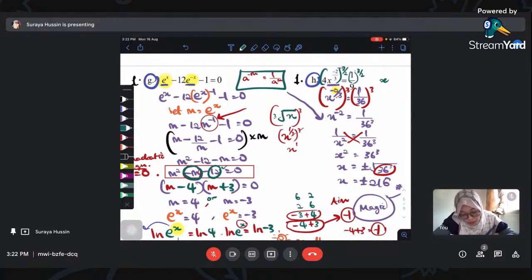Tak recommend langsung buat begini sebab kamu akan dapat, at the end of it, kamu akan dapat satu je jawapan. So kalau dapat satu je jawapan means you hilang markah lah. So tak recommend, kena buat step by step, selesaikan, hilangkan dulu 3 ni. Hilangkan dulu 3 ni baru senang. Oh, aku tahu at the end aku akan dapat X squared.